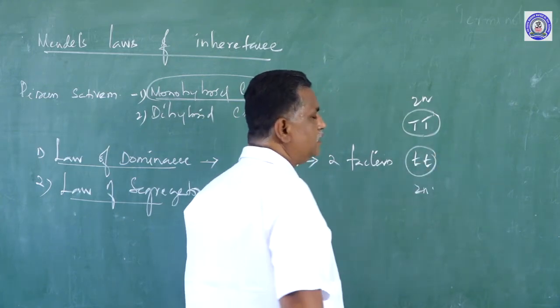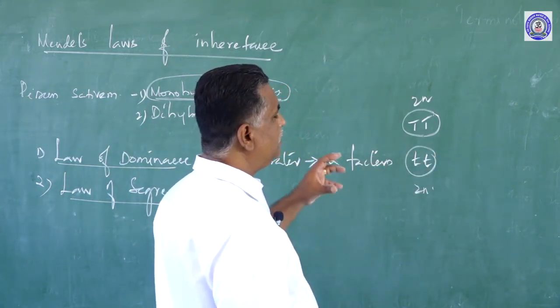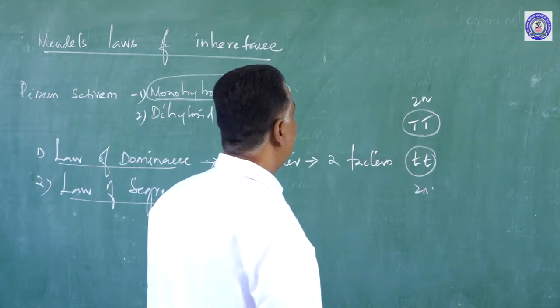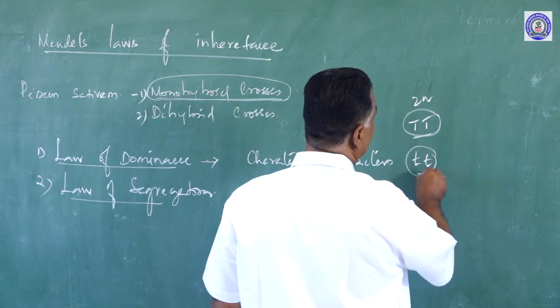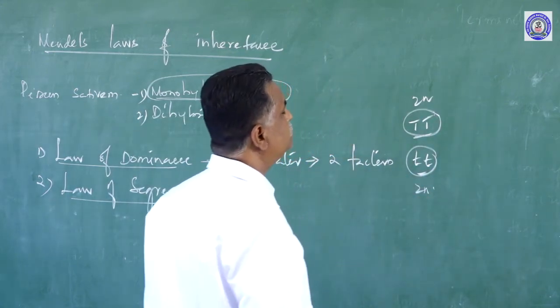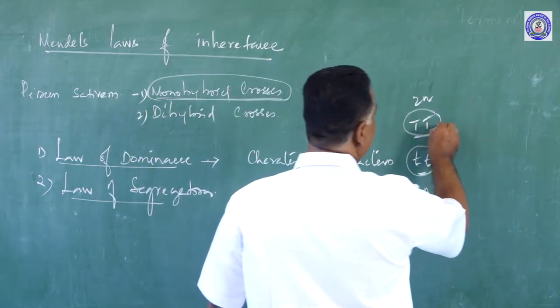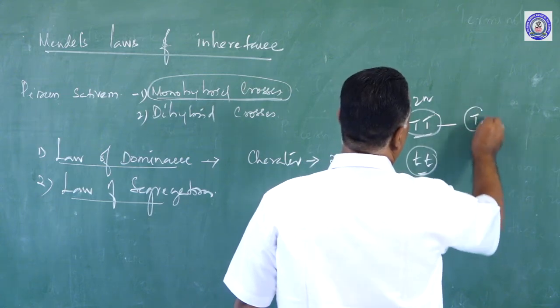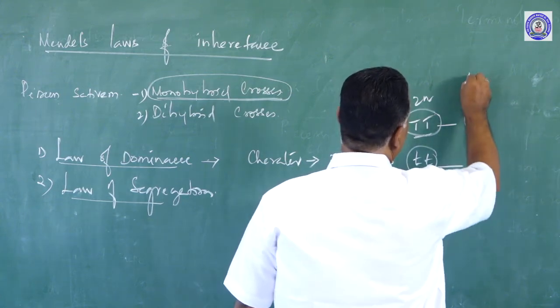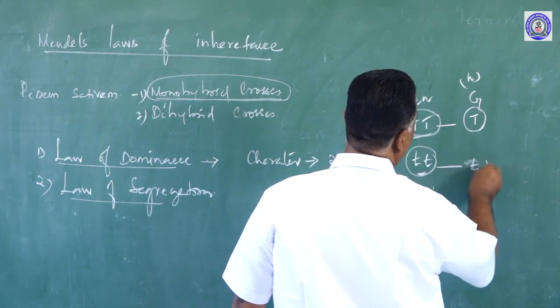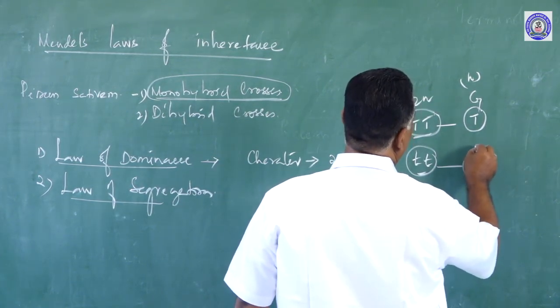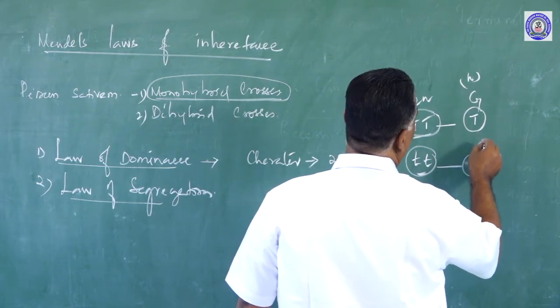By luck, he took a thing like that in his experiment. So, he stated factors exist in pairs. When gametogenesis takes place, only one will enter into the gamete. So, this is n. So, luckily he stated like this, that made him a pioneer in this work.